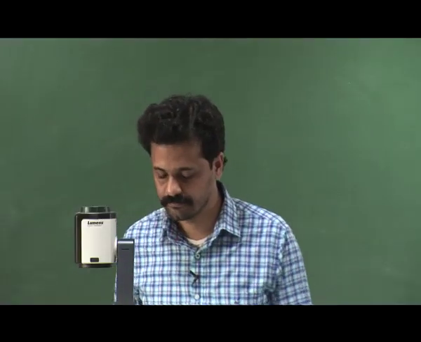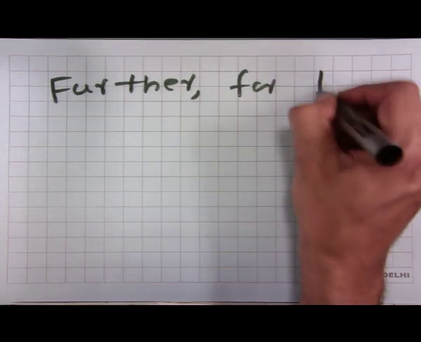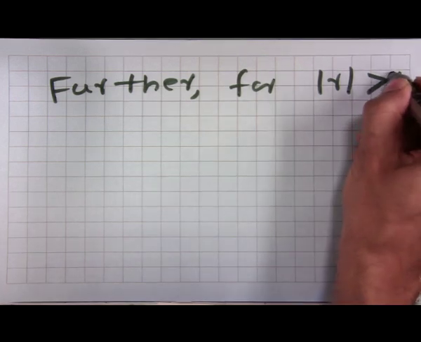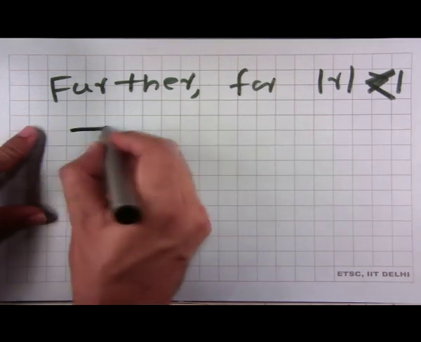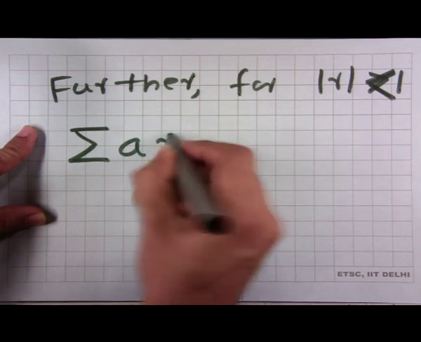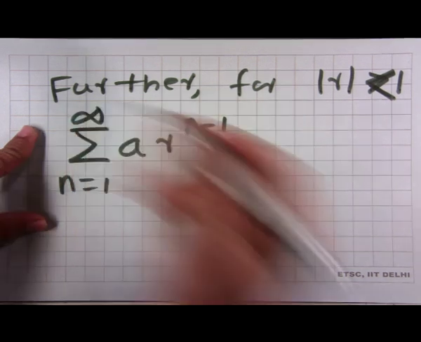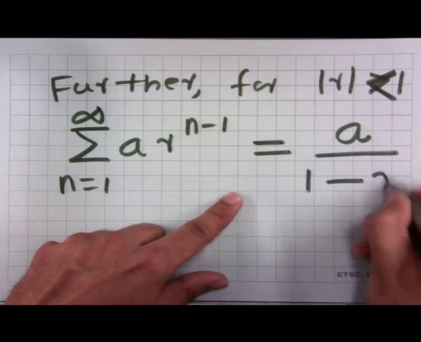Further, for |r| less than 1, the sum of all terms is a by 1 minus r.